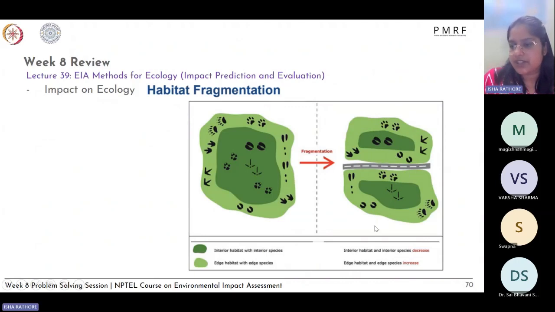So this is habitat fragmentation, and you see the edge effects and how the habitat area is being reduced because of one human development, that is one road development. So these kinds of aspects come into the ecological impact assessment section of your EIA report.